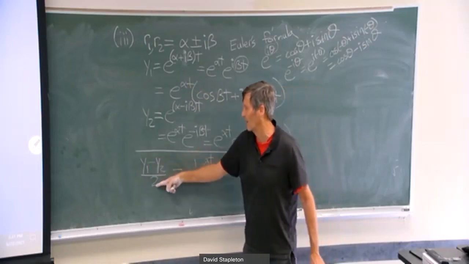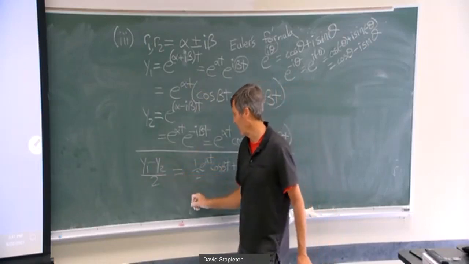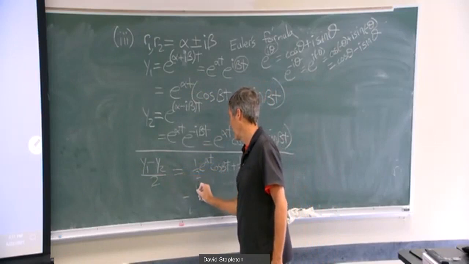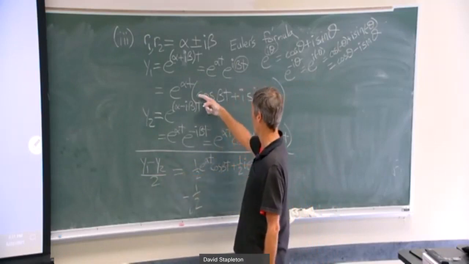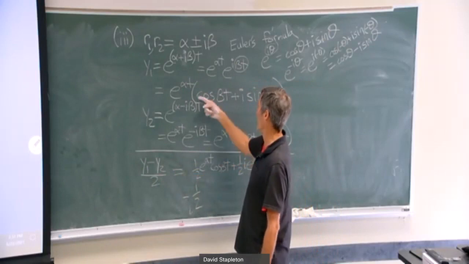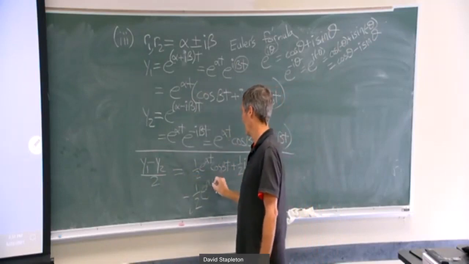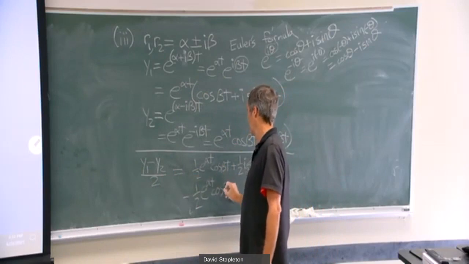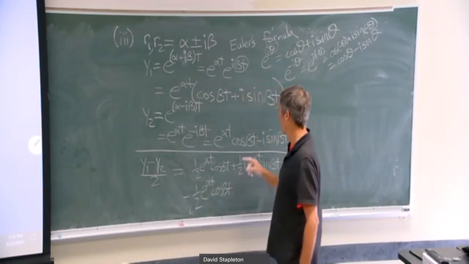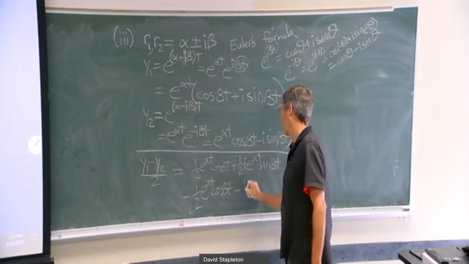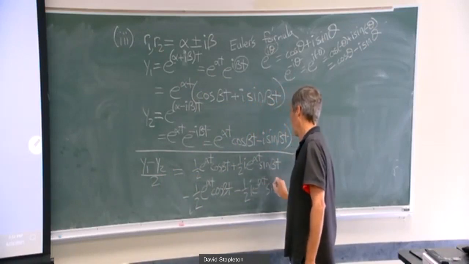That's 1/2 y1. Then minus 1/2 y2, so I need to take minus 1/2, and I multiply 1/2 times this one, and that is e to the alpha t cosine. This one, sorry, minus 1/2 i e to the alpha t sine.